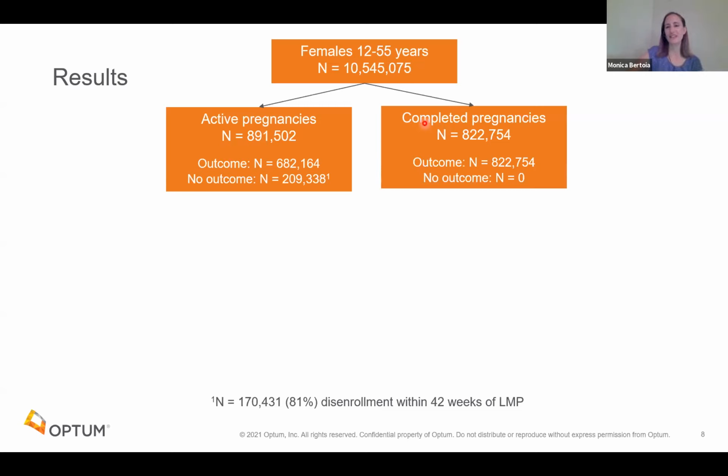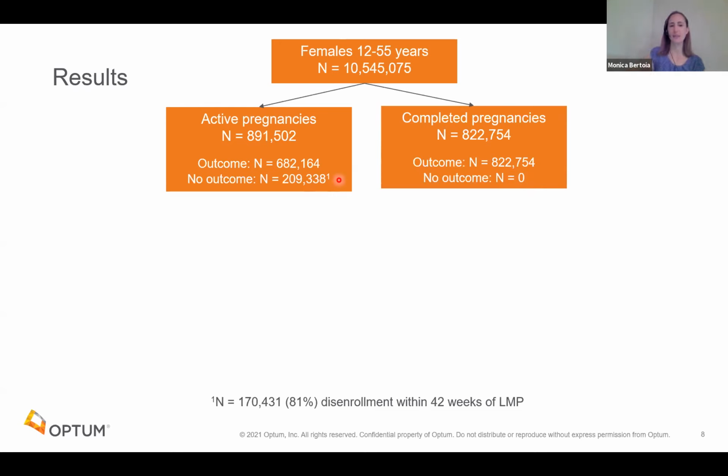And given that this completed approach relies on seeing evidence of a pregnancy outcome to identify pregnancies, it's no surprise that all of these completed pregnancies had a known pregnancy outcome. On the other hand, you can see here that 209,000 of the active pregnancies had an unknown outcome.